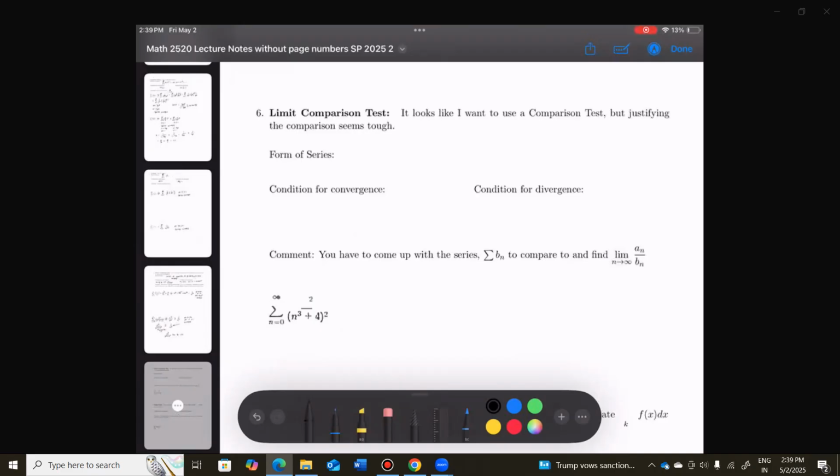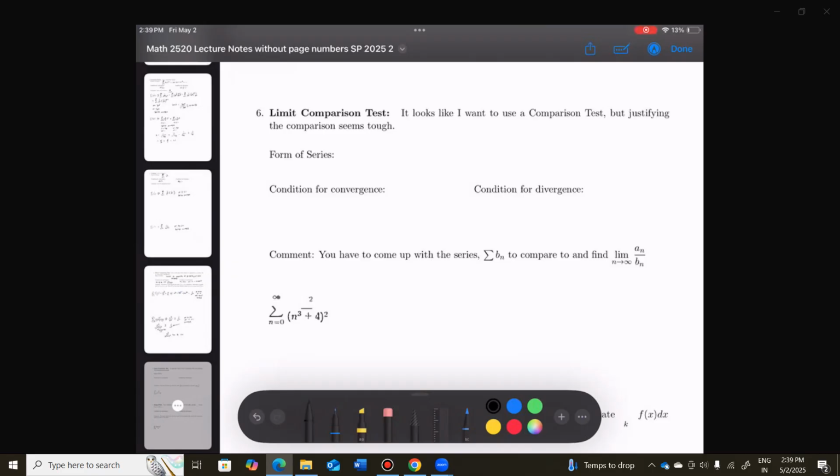Now, similar to the comparison test is the limit comparison test. Okay, so when something looks like you can use a comparison test, but it seems kind of tough, or justifying it is tough, then we look at this limit comparison test.